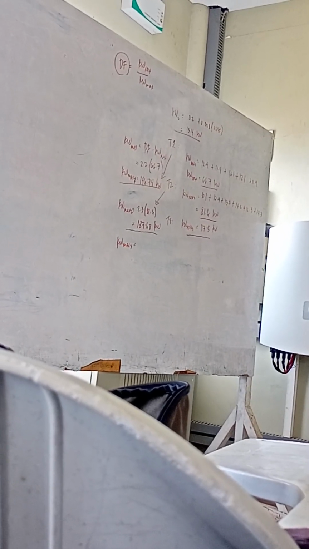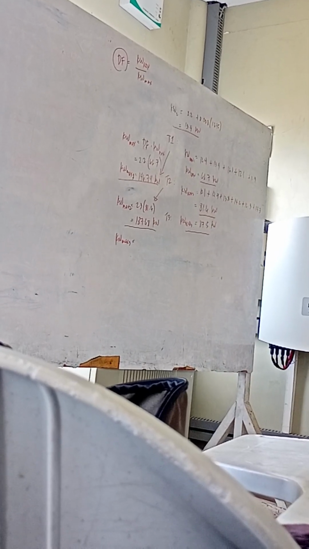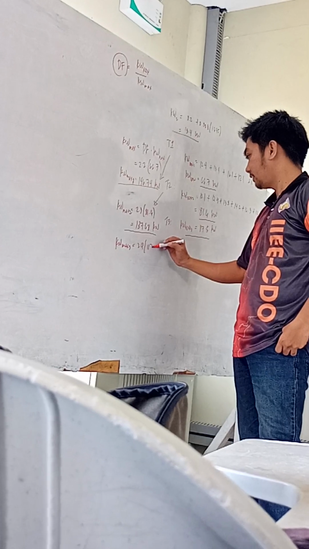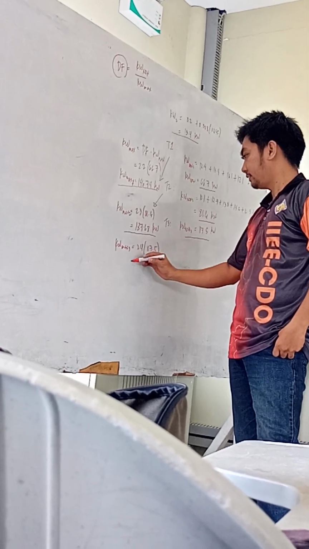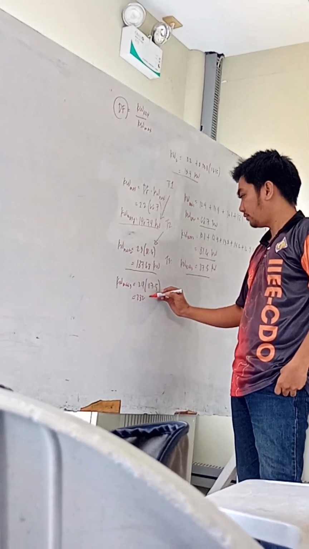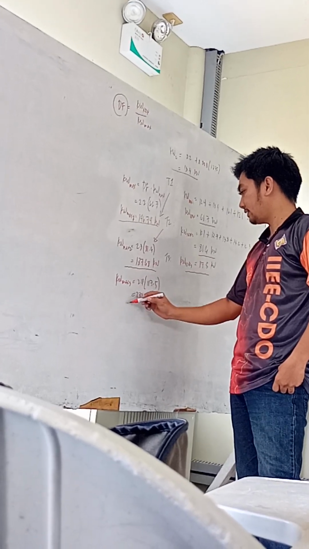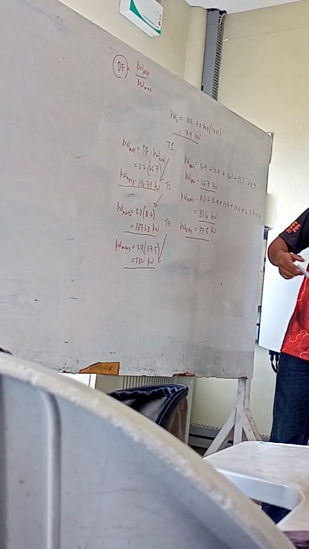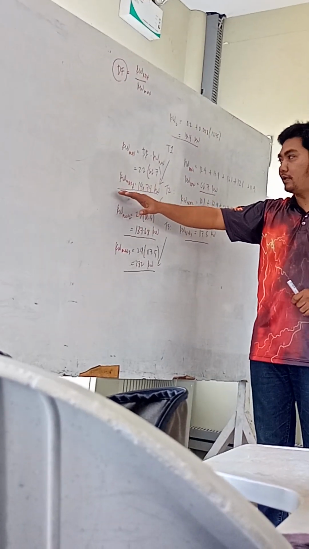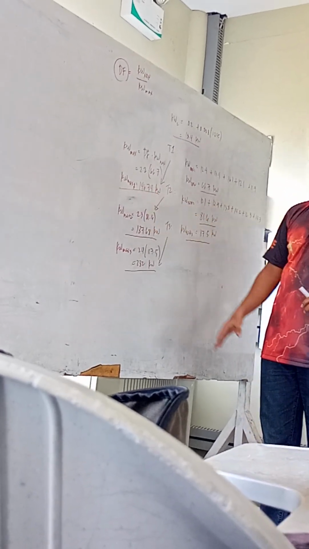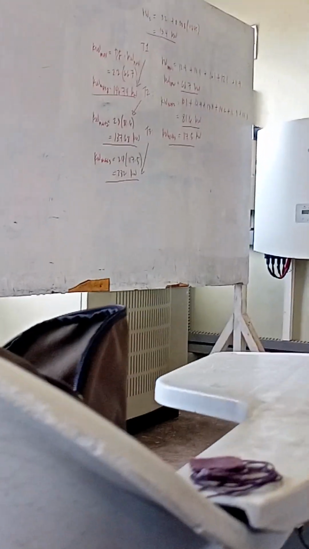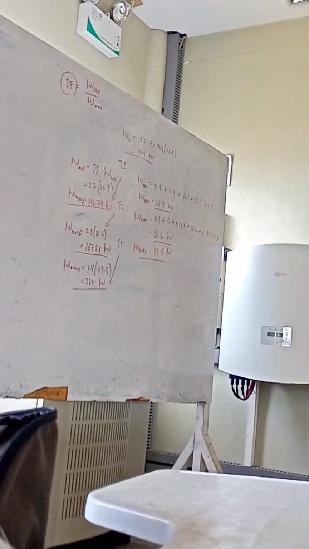So the diversity factor is 2.4, giving 195.84 for 117. So these are the maximum diversified demands per transformer, which are equivalent to the transformer loading in the load allocation.